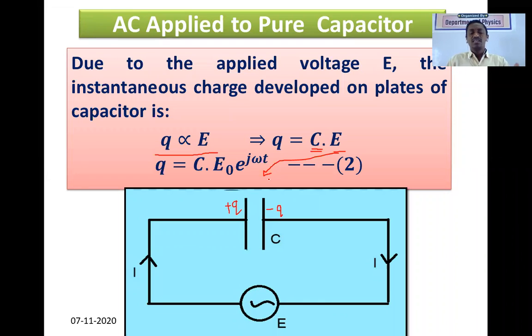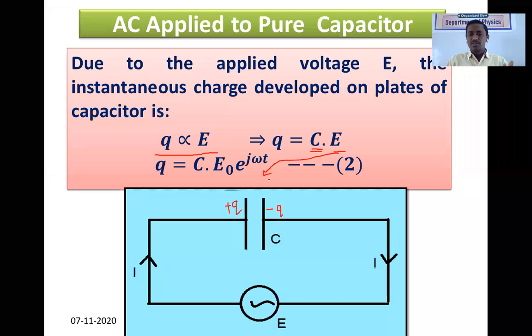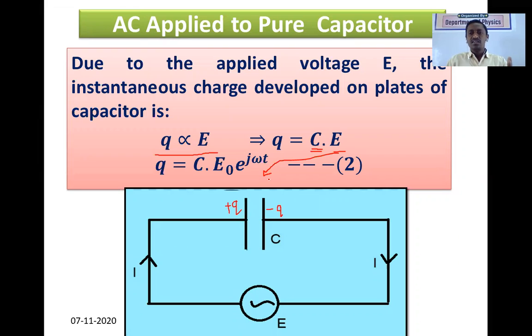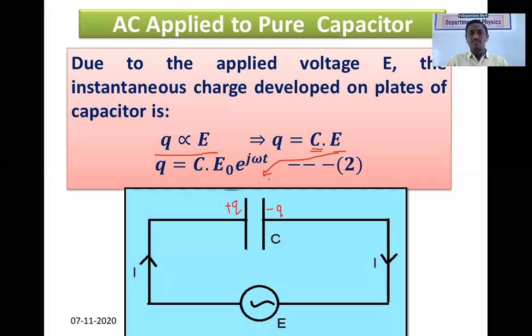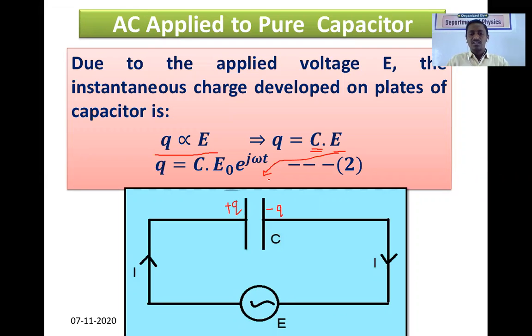In the case of a pure resistor and pure inductor, we initially applied the AC EMF to the circuit, and after solving that circuit and making some calculations, we finally derived the equation for the instantaneous current in the circuit.